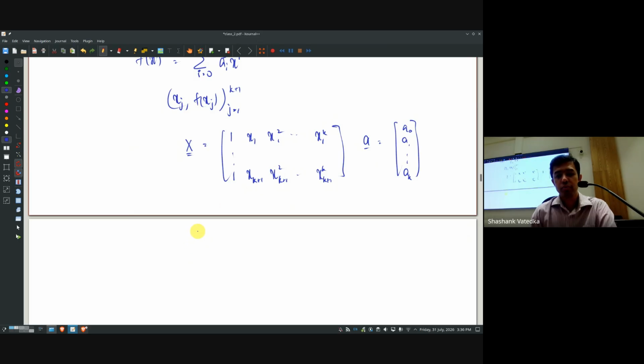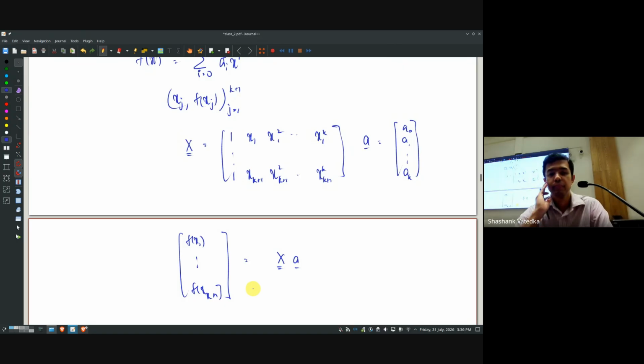Because there's no additional randomness in y given x, f of x1 up to f of x_{k+1} can be written as the matrix X times the vector a. So now the goal is to find a.